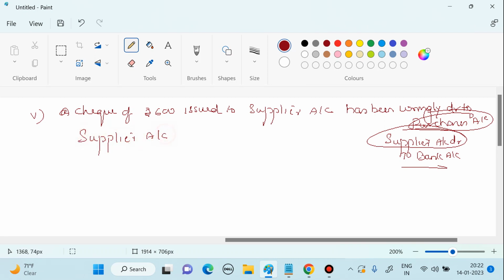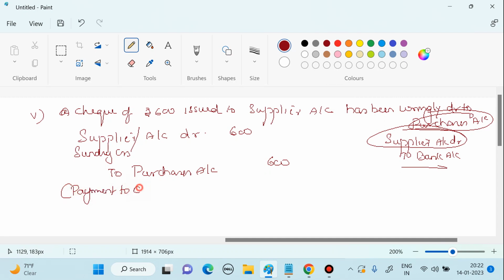Supplier or sundry creditors account debit 600 to purchases account. Payment to creditor, wrongly debited to purchases account, now rectified.